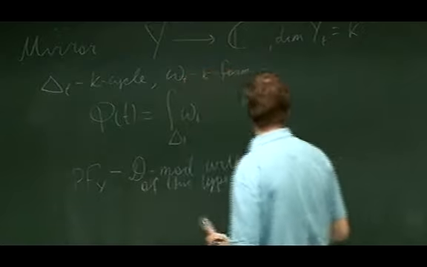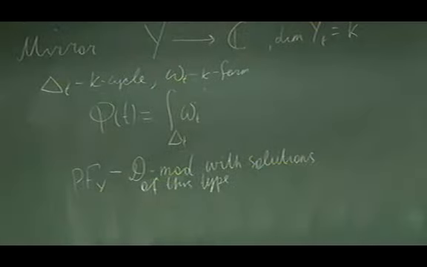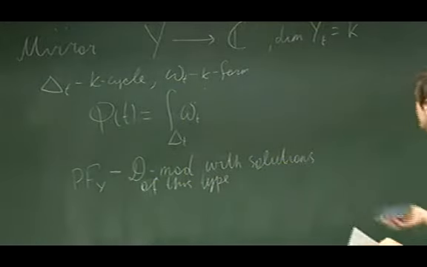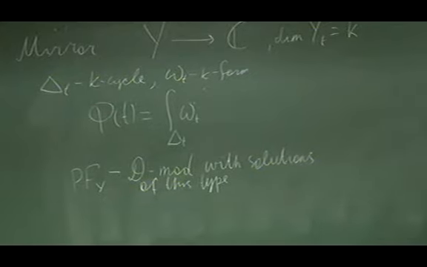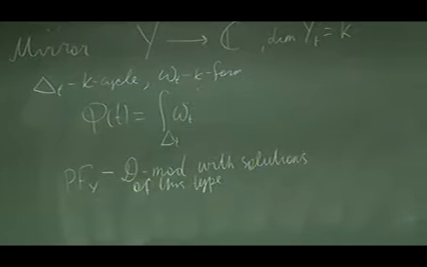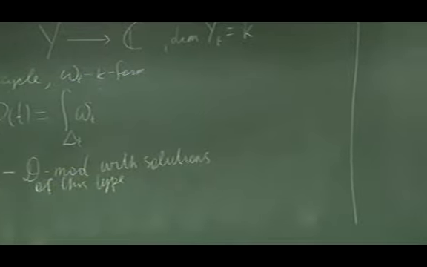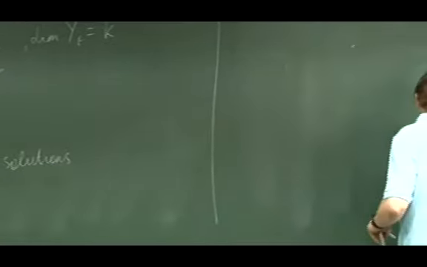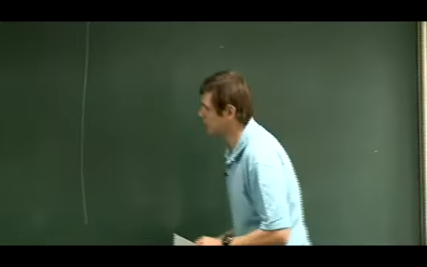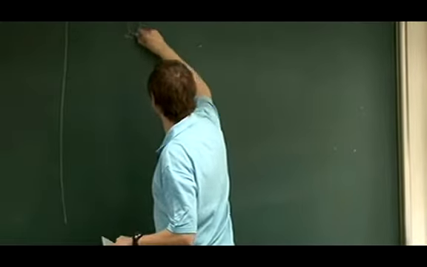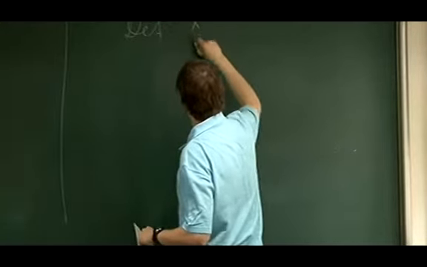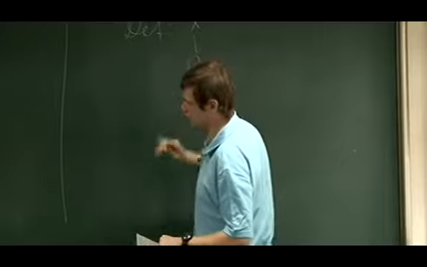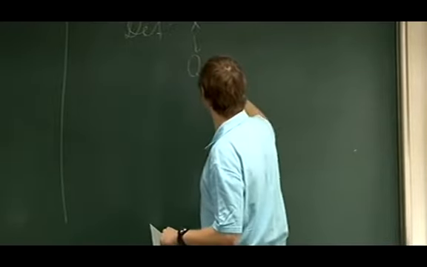So by definition, we say that given our Fano variety X, a given pencil is mirror for our X if, so definition, we have X associated quantum D-module, which holds information about curves.